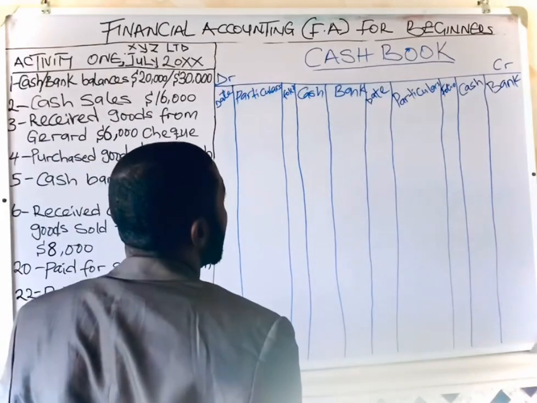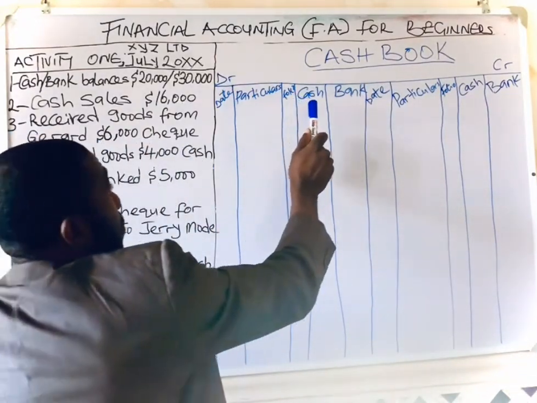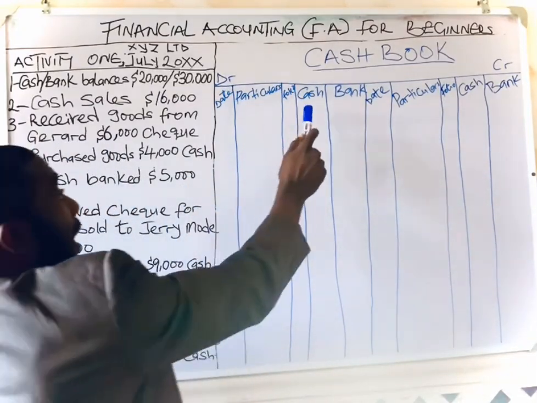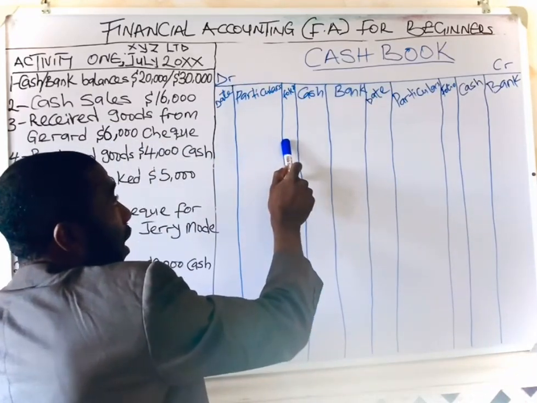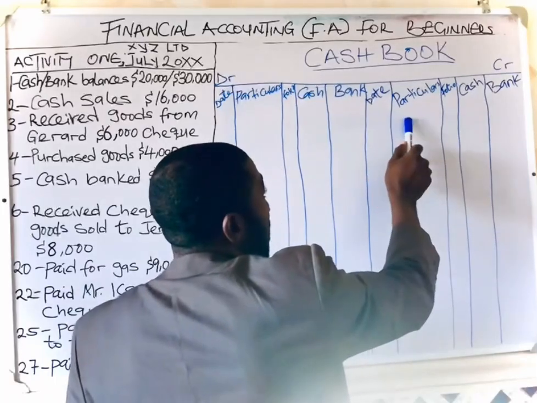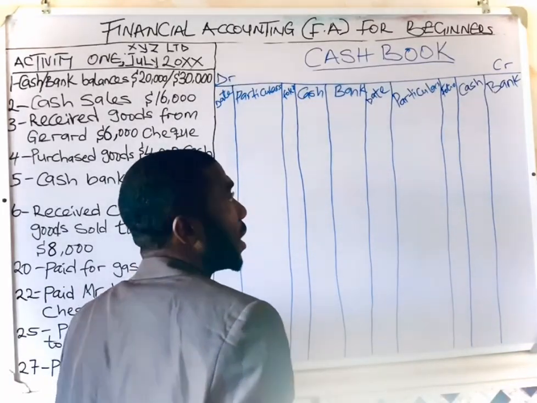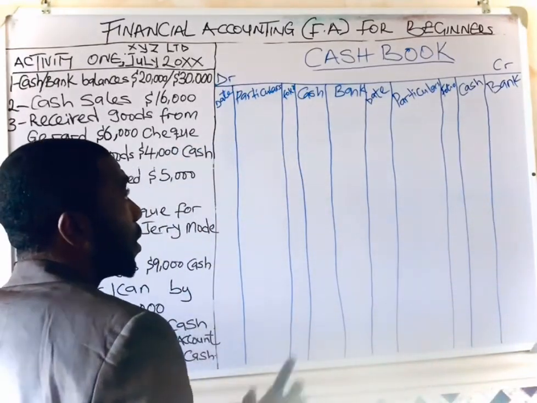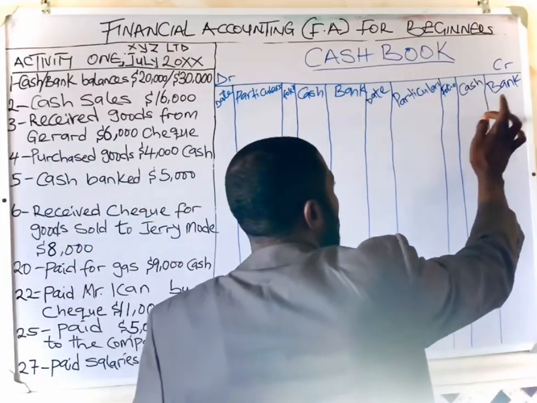So what I was saying is, what makes this a two-column cash book is the cash and the bank. The date, particulars and folio are constant columns. But cash and bank make it a two-column cash book. 1, 2.